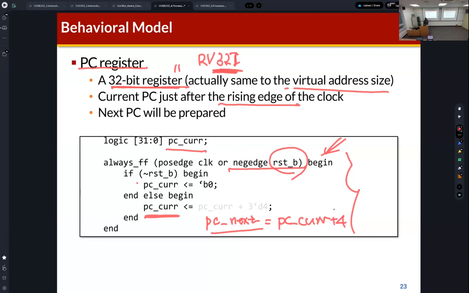So this is the implementation of the program counter register. As I mentioned, the current PC is updated at the rising edge of the clock using the next PC value.